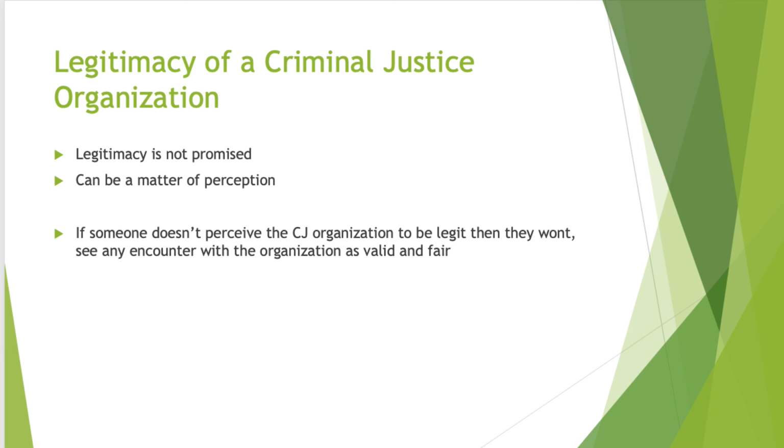And then we talked about how criminal justice organizations derive their power, and the challenges that impact CJ organizations specifically. We also talked about positions within a government agency, including your elected officials, your appointed officials, and career service employees. And then lastly, we covered information on the authority of a criminal justice organization, and briefly the legitimacy of criminal justice organizations.